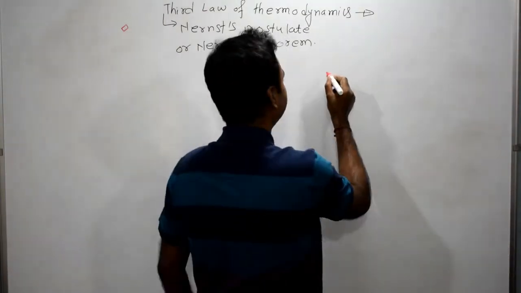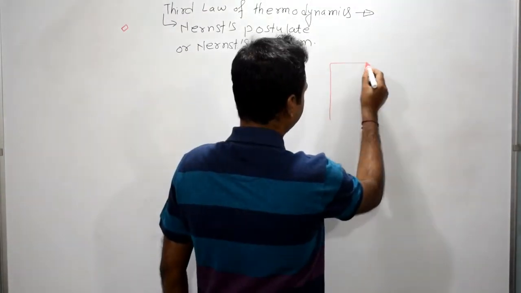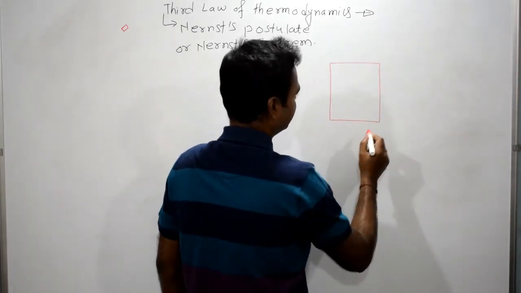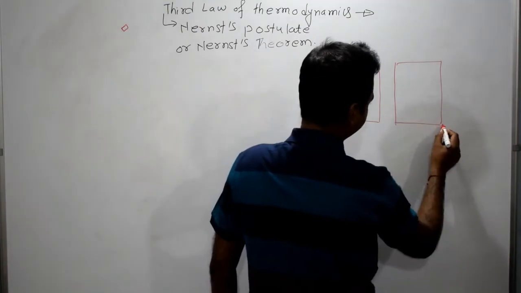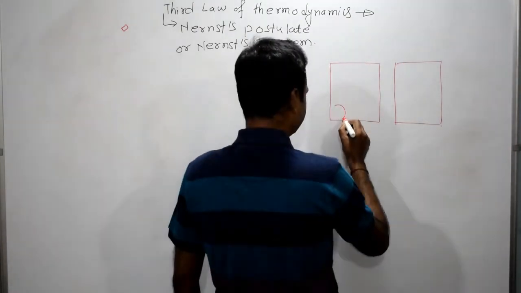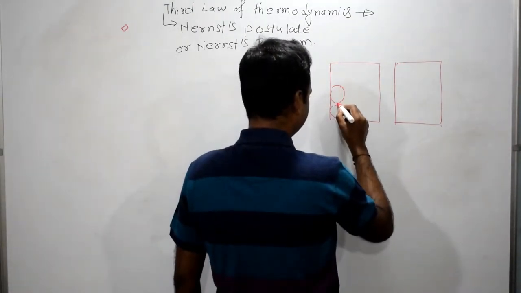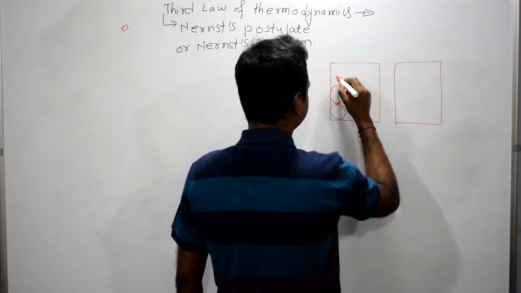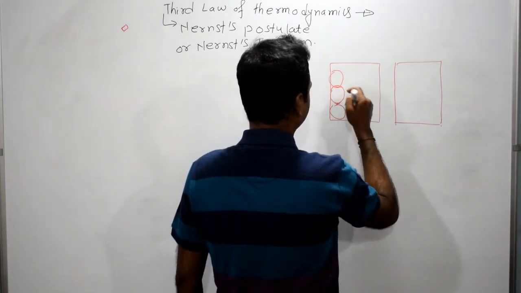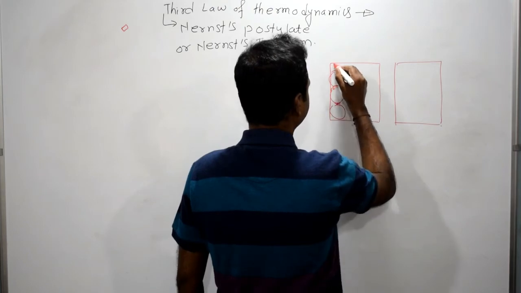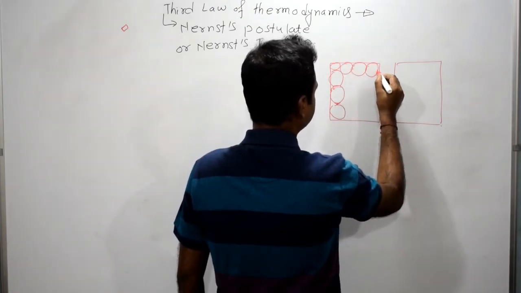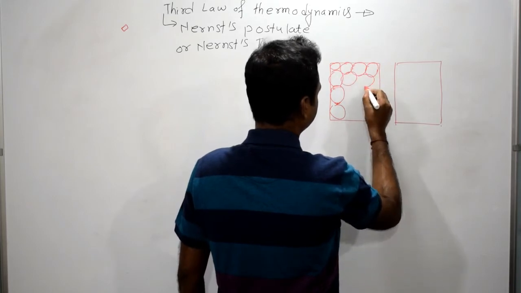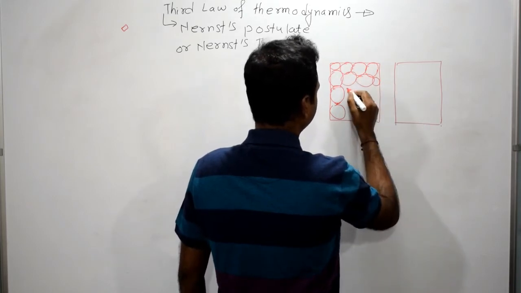I hope you can see here. I'm taking a crystal A and a crystal B. Let me just draw a crystal the right way. This will be very organized, not jumbled, almost the same size, right?